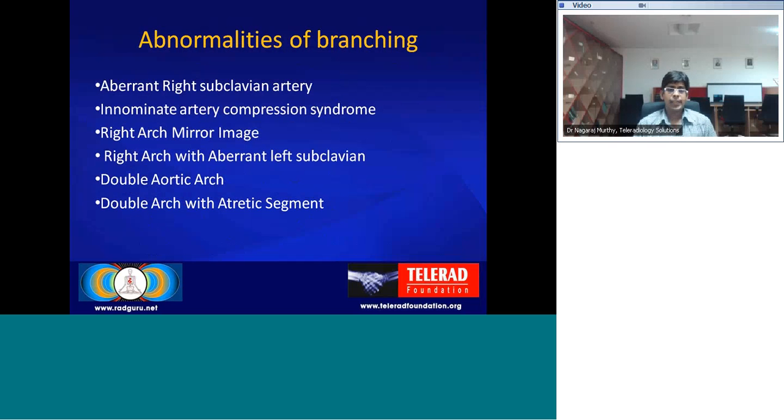The abnormalities of branching are of a few types: aberrant right subclavian artery, innominate artery compression syndrome, right arch mirror branch, right arch with aberrant left subclavian artery, double aortic arch, double arch with atretic segment.